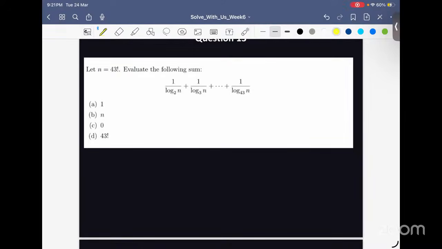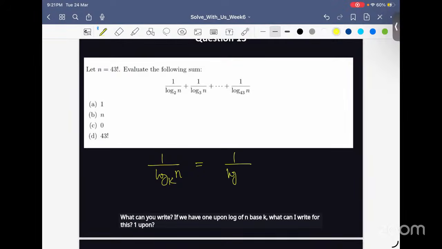Log 2 by log n, log 3 by log n, and like that only. Okay. So what can you write if we have 1 upon log of n base k? What can I write for this? 1 upon log of n by log of k, correct?